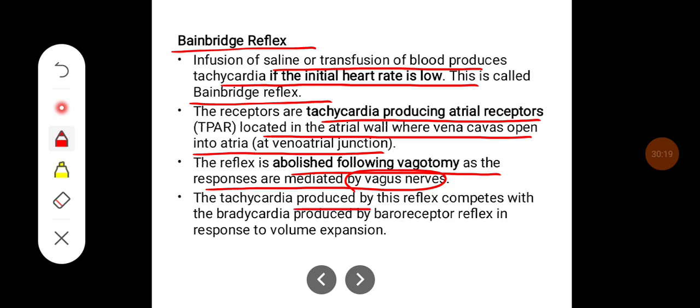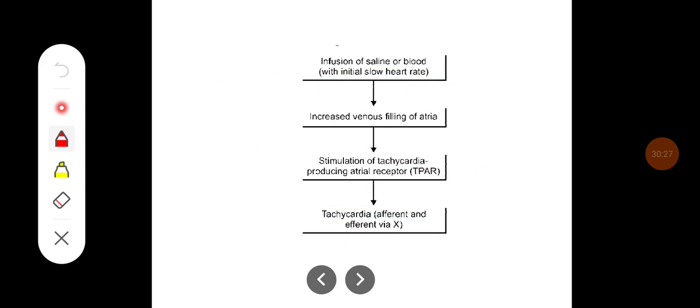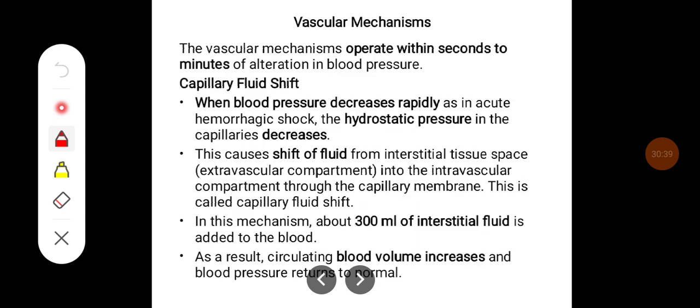The tachycardia produced by this reflex competes with the bradycardia produced by baroreceptor reflex in response to volume expansion. Infusion of saline increases the venous filling that stimulates these receptors and produces the tachycardia, which is mediated by the 10th nerve.